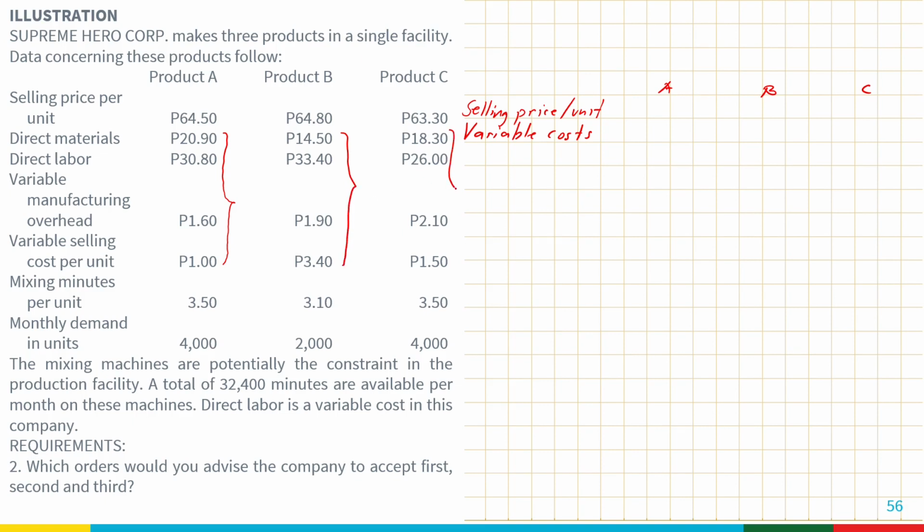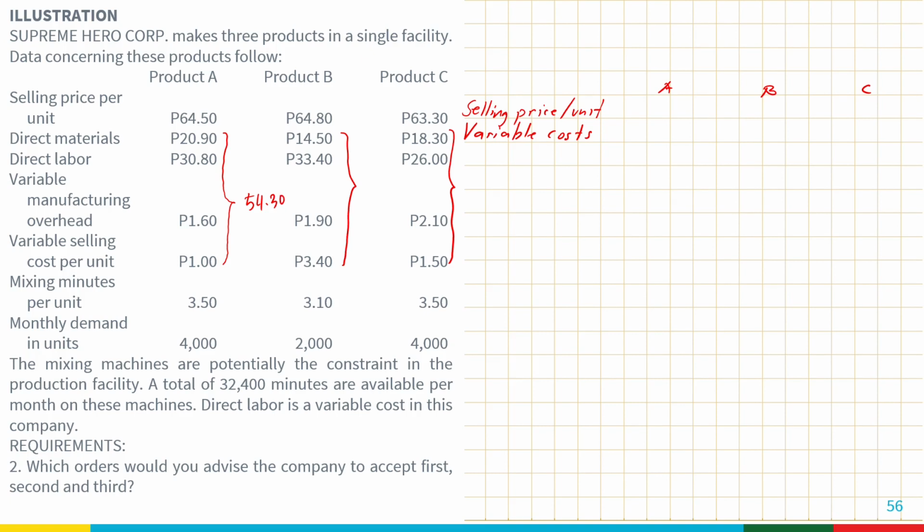And then, lastly, ito. Compute ko lang. 20.9 plus 30.8 plus 1.6 plus 1, 54.3. Okay, 54.3.